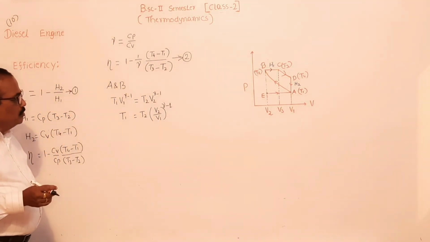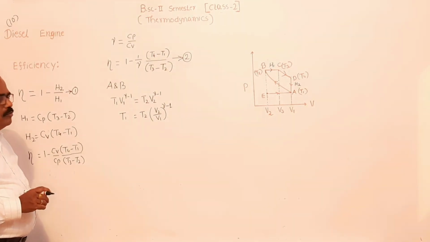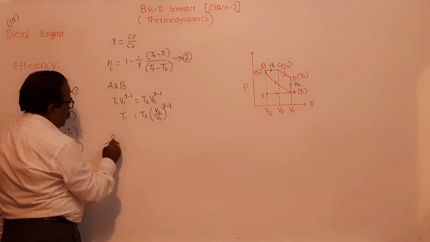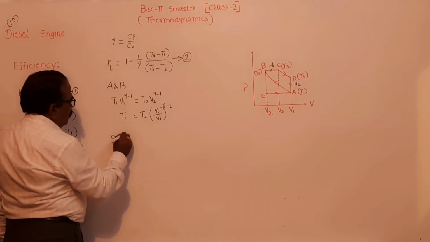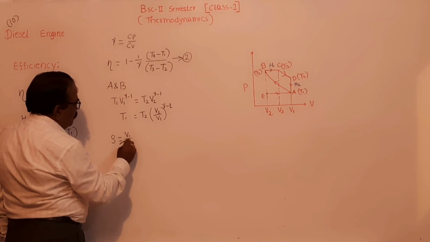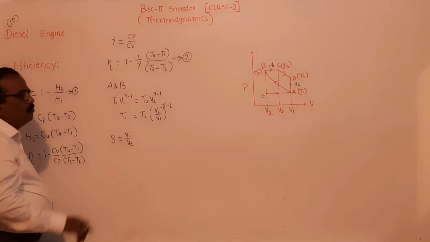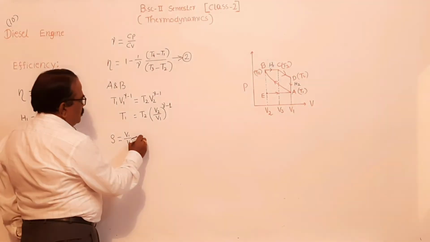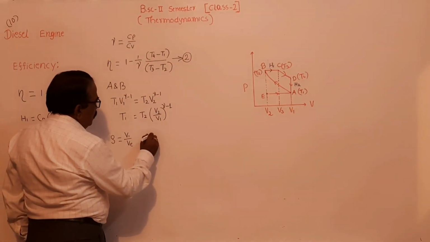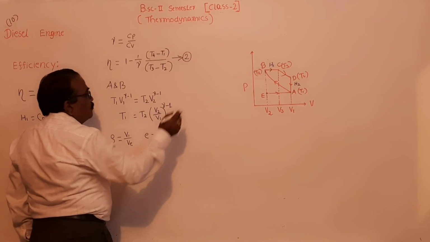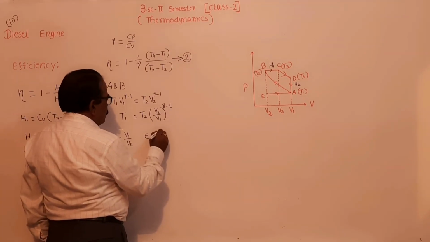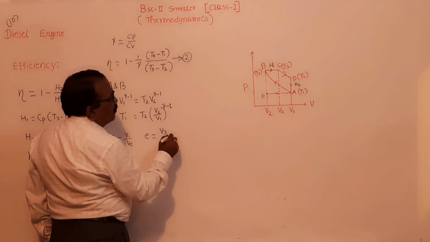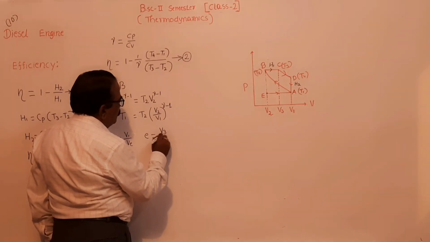Here V1 upon V2 is the adiabatic compression ratio. That means here rho is V1 upon V2. And the internal combustion ratio is E. This is V3 by V2.